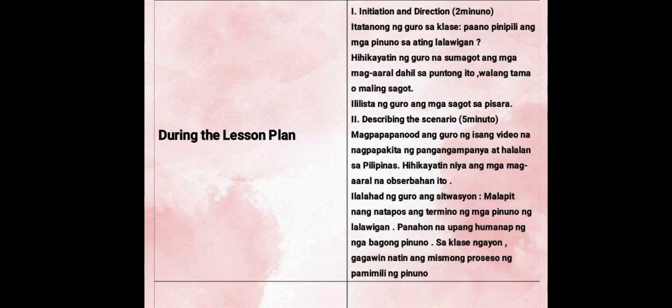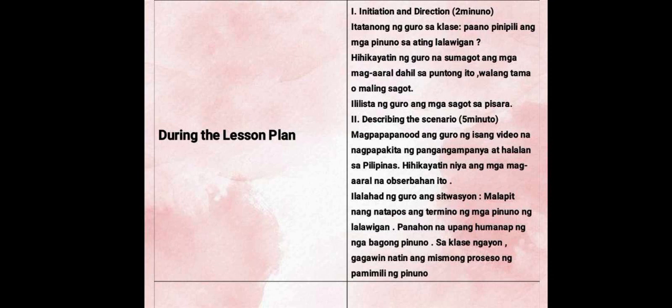During the lesson plan. Una, initiation and direction sa loob ng 2 minuto. Itatanong ng guro sa klase kung paano pinipili ang mga pinuno sa ating lalawigan. Hihikayatin ng guro na sumagot ang mga mag-aaral dahil sa puntong ito, walang tama o maling sagot. Ililista ng guro ang mga sagot sa pisara. Ikalawa, describing the scenarios sa loob ng 5 minuto.